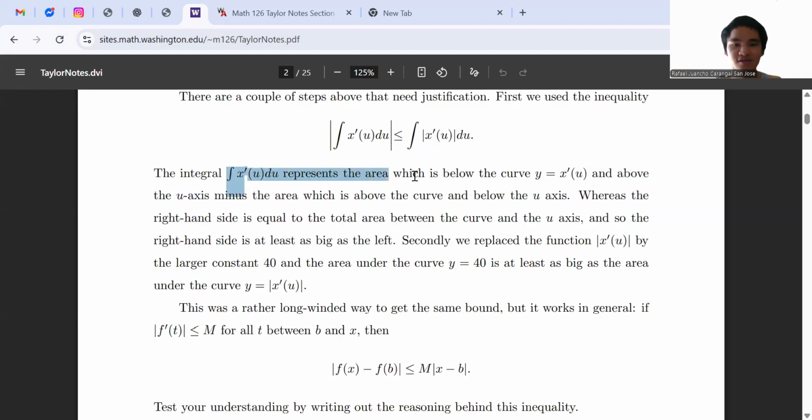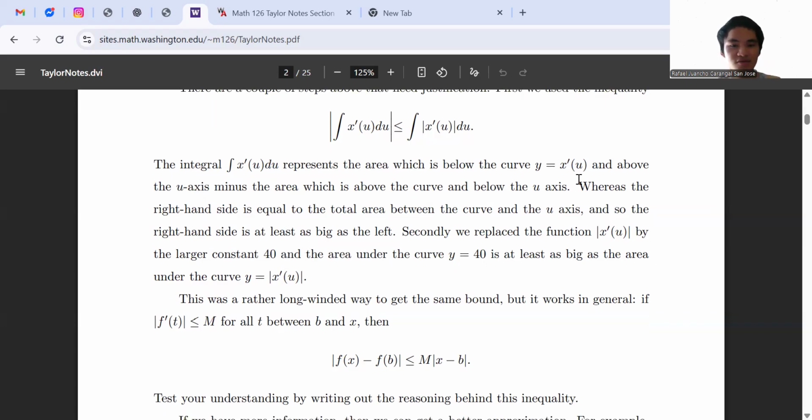And so this integral of x prime of u is the area below the curve y equals x prime of u and above the u-axis, minus the area which is above the curve and below the u-axis. Oh, I see what it's saying.